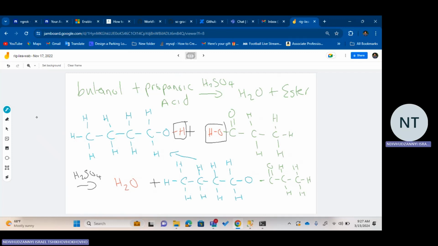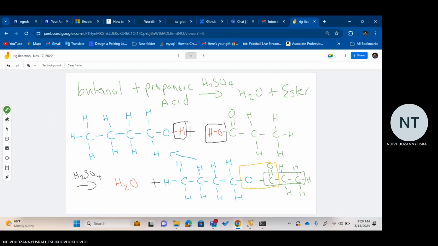Then firstly, let's identify that this is an ester. We can all agree that it's an ester because the C atom bonded to a double bond of O and O is in between two carbons. Then let's identify the longest chain on carboxylic acid. You'd see that the longest chain is that one.